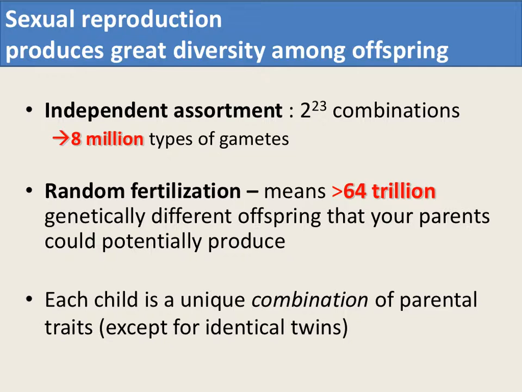No two will be exactly identical. So you're really scrambling the alleles inside a gamete. And the same thing happens with an egg. You have 8 million combinations for that as well. 8 times 8 is 64, so you've got 64 trillion.